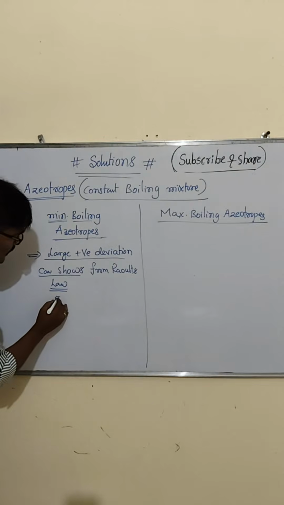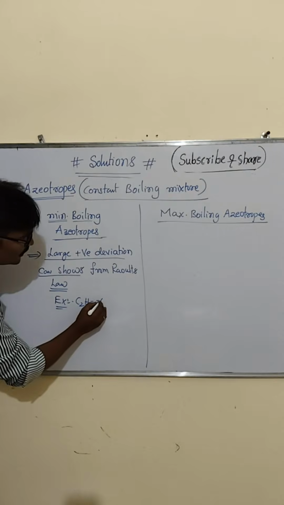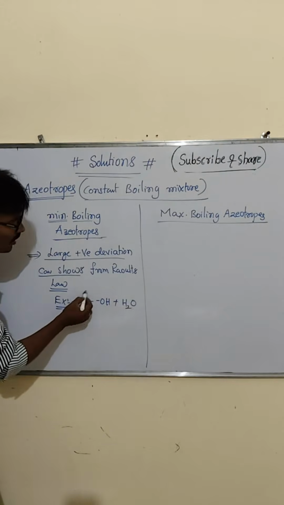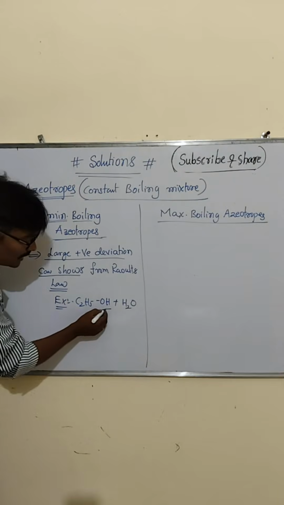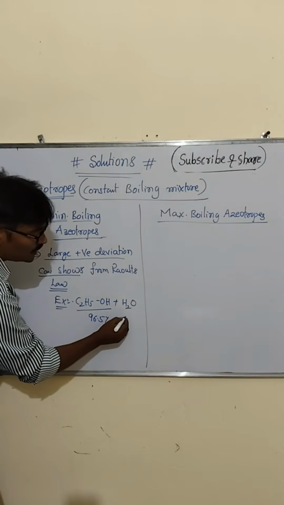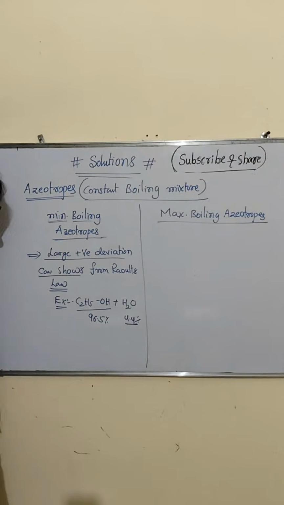So why are these called minimum boiling azeotropes? For example, we take ethyl alcohol, C2H5OH, plus water. Ethyl alcohol is 96.5% and water is 4.4%, just assume it.